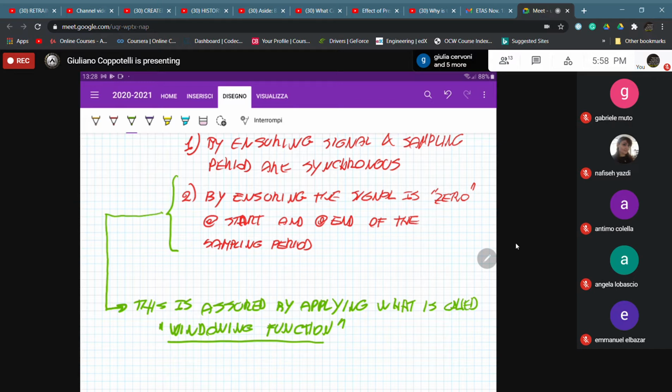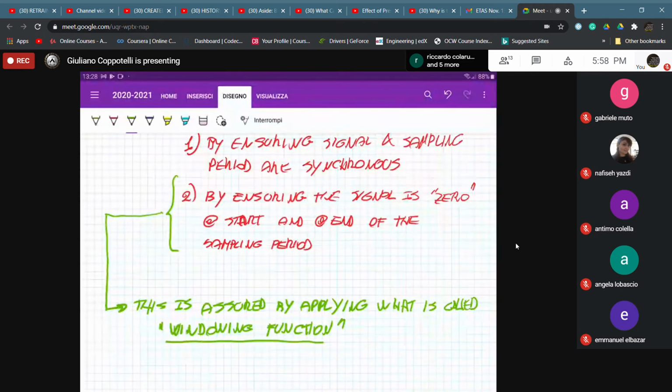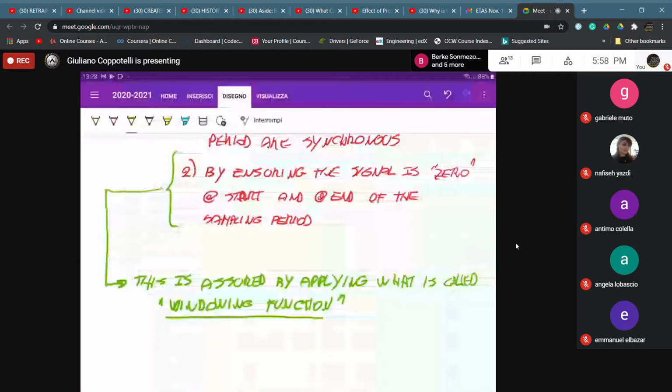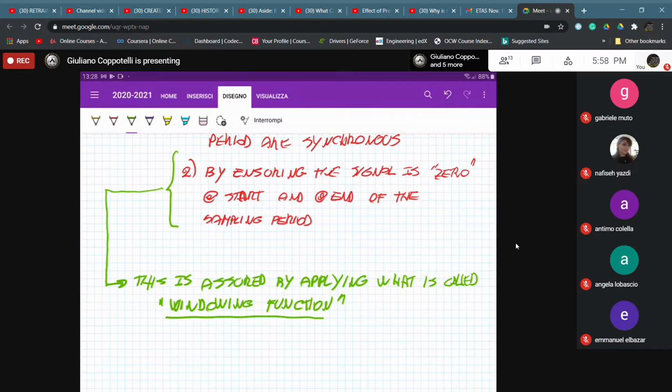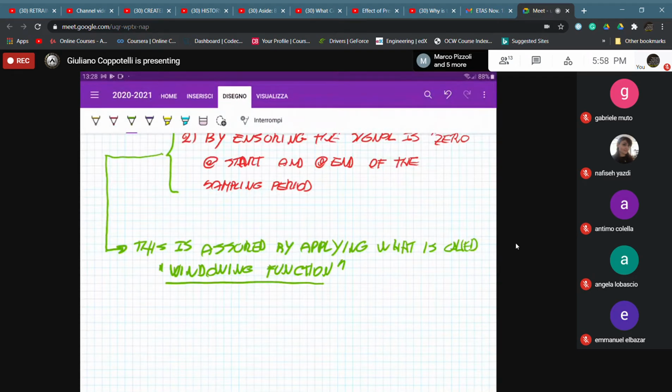Okay, so we are introducing an additional function to your measured signal in order to set to zero your signal at the beginning and at the end of your observation time. Okay, how is this window function composed?